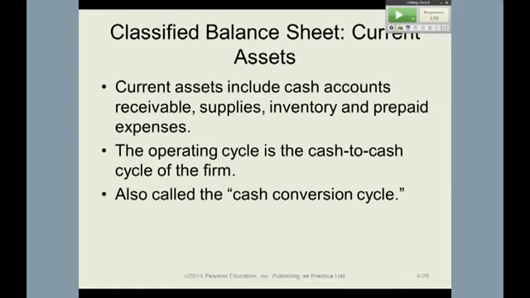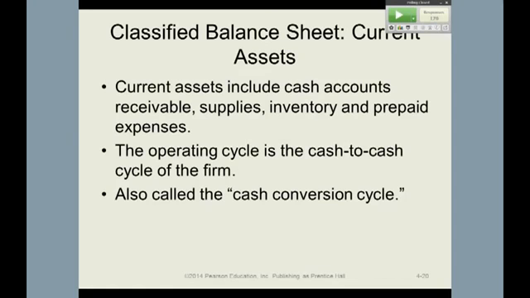So you know that current assets would include cash, receivables, supplies, inventory, and prepaid expenses. And those are pretty much in the order of liquidity, because cash I have now. Receivables, I could sell them much easier than inventory. There's a lot of businesses that are in place to sell inventory, or to sell receivables.